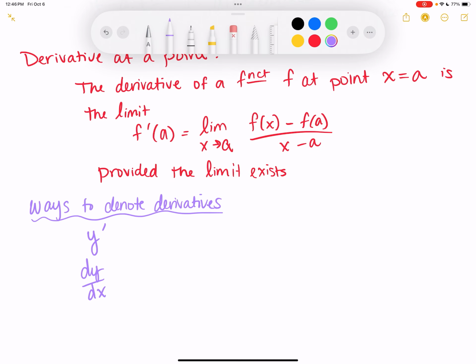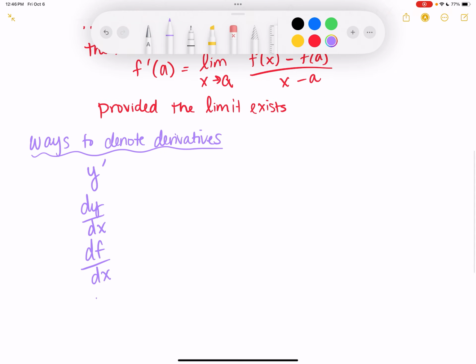It's dy over dx, which is the derivative of y over the derivative of x, which basically just means the derivative of y with respect to x. Then df dx, and then d dx of f of x. So that's just a way of saying the derivative of f of x. The primary ones we're going to use are this y prime and dy dx.